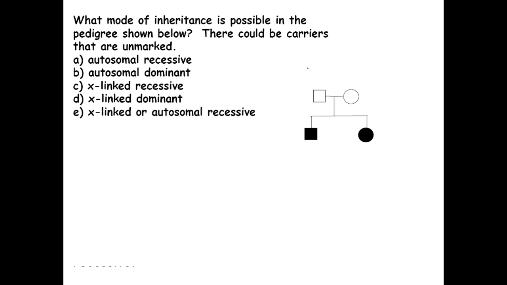For the parents, you know that from this, the parents have to be heterozygous. So they will appear normal. Right? So the two small a's will come together in kids. That's why they have the disease, right?